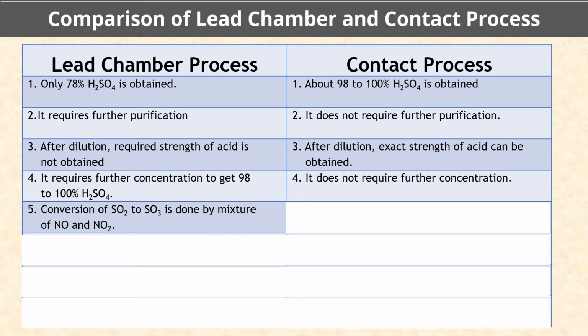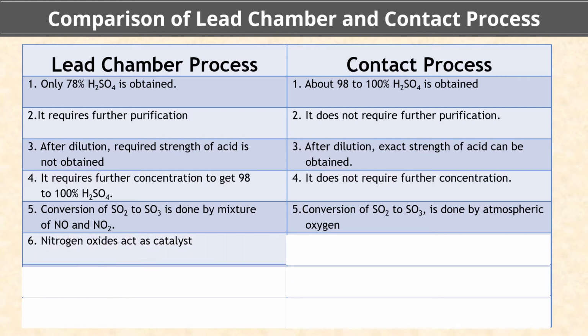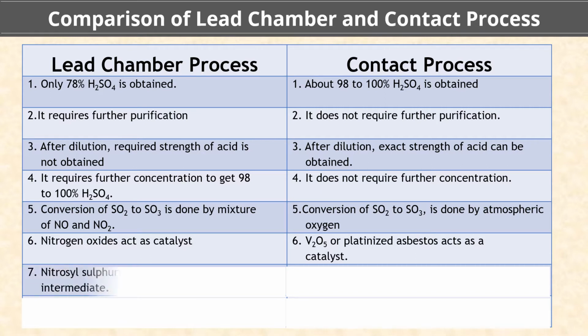In lead chamber process, conversion of SO2 to SO3 is done by a mixture of NO and NO2. The conversion of SO2 to SO3 is done by atmospheric oxygen in contact process. In lead chamber process, nitrogen oxide acts as a catalyst. In contact process, vanadium pentoxide, V2O5, or platinized asbestos act as a catalyst.